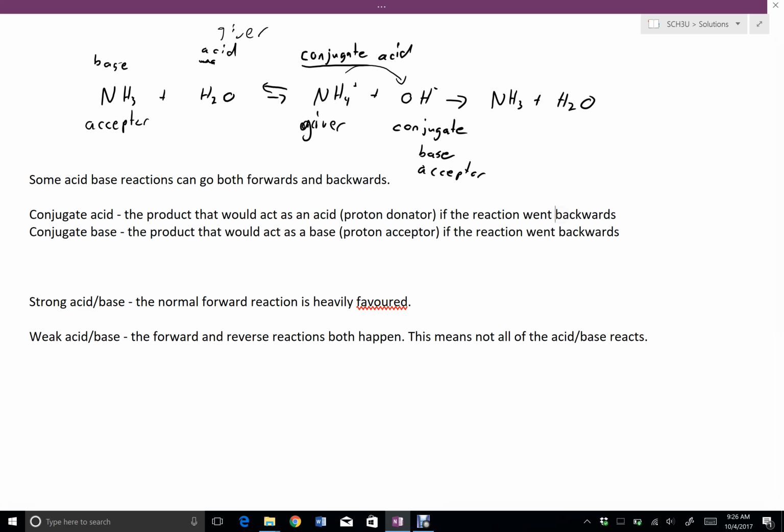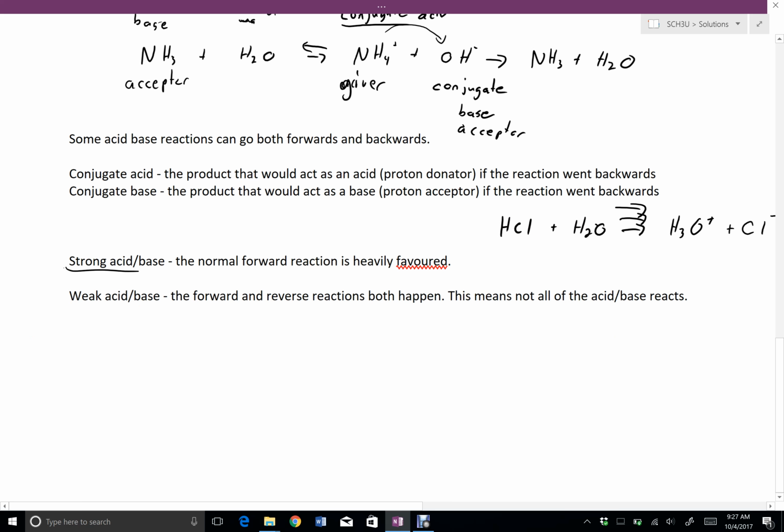Strong acids, like HCl, have acid-base reactions that occur basically only in one direction. All of that acid works to donate its protons and react in this direction. So if it's strong, it all goes this way. Weak acids and bases have competitive forward and reverse reactions.